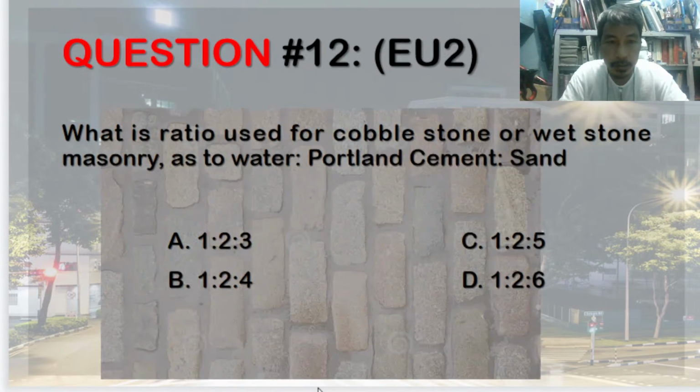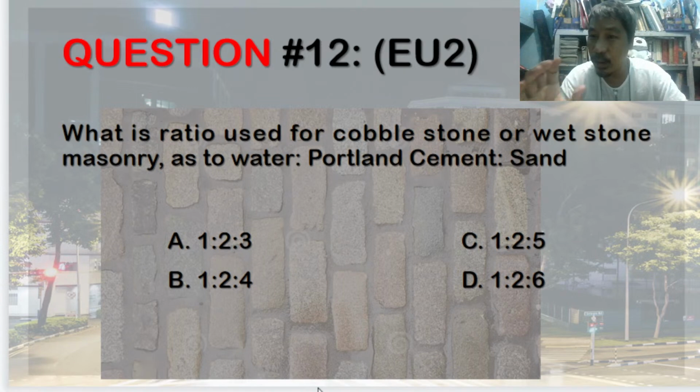Next, number 12. What is the ratio used for cobblestone? Please verify the size of cobblestone. Cobblestone has a specific size in our geotechnical subject. Cobblestone masonry uses water, cement, and sand.